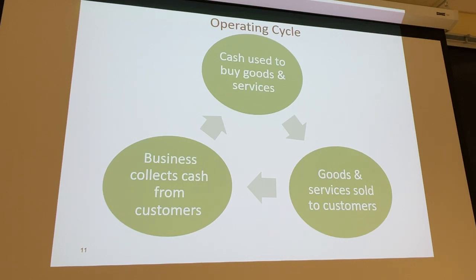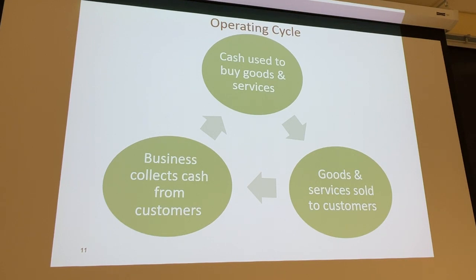First of all, the business uses some of their cash to buy goods and services. Then they sell the goods and services to their customers. Then they collect on invoices that they issued to their customers. So at that point in time, the cash is coming back in the door.